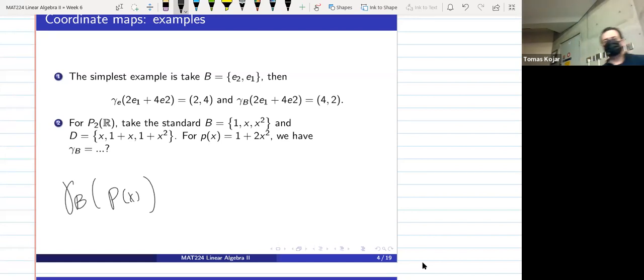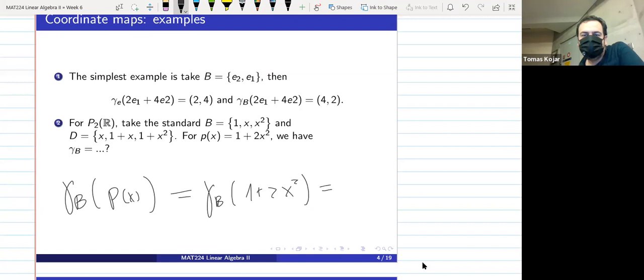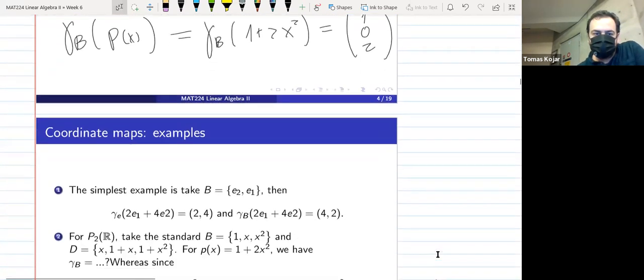If you do it in the standard basis, you just have the usual thing. So 1 plus 2x squared. This is just 1, 0, 2. That's not right.